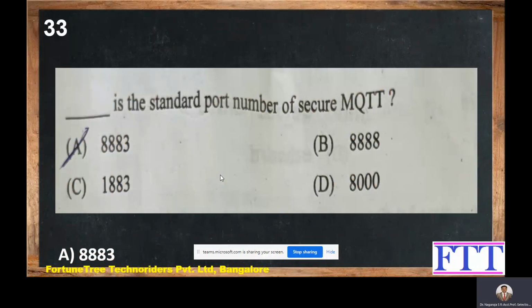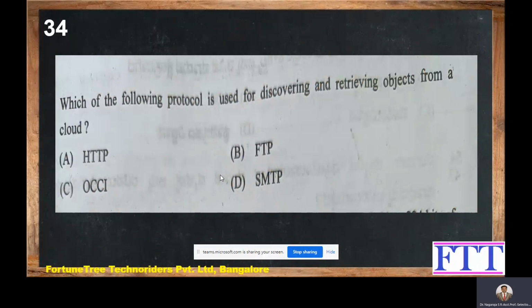34. Which of the following protocols is used for discovering and retrieving objects from a cloud? Option A, HTTP. Option B, FTP. Option C, OCCI. Option D, SMTP. So here the right answer is OCCI. We'll move to the 35th question.